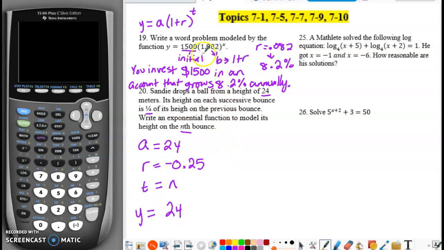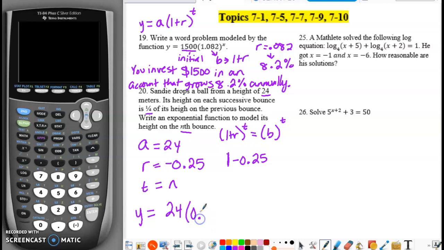So we can say this is y equals 24. Now remember, this in here can either be written as 1 plus r, or it can be written as b. So we can either say 1 minus 0.25, which I wrote incorrectly, my bad, guys. 0.25.